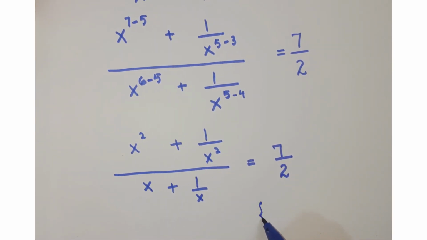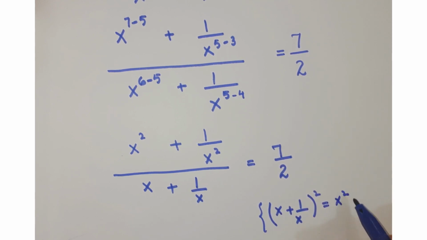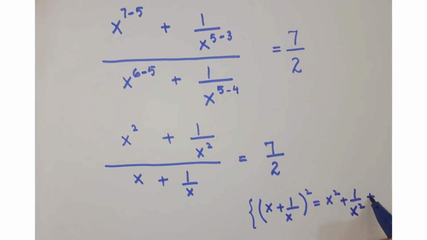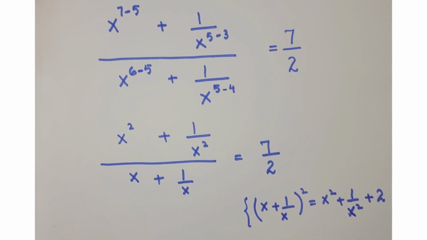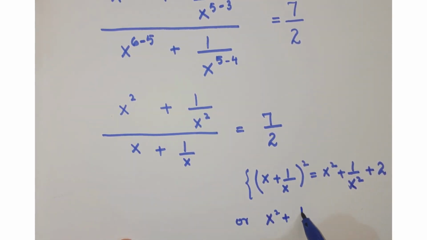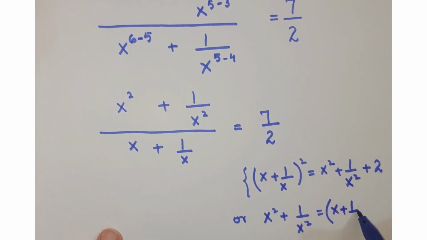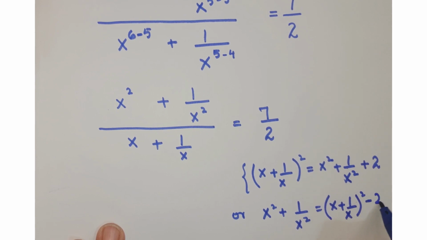Now as you know, (x plus 1 upon x) whole square is equal to x square plus 1 upon x square plus 2, or you can say, if you bring the 2 across, x square plus 1 upon x square is (x plus 1 upon x) whole square minus 2.